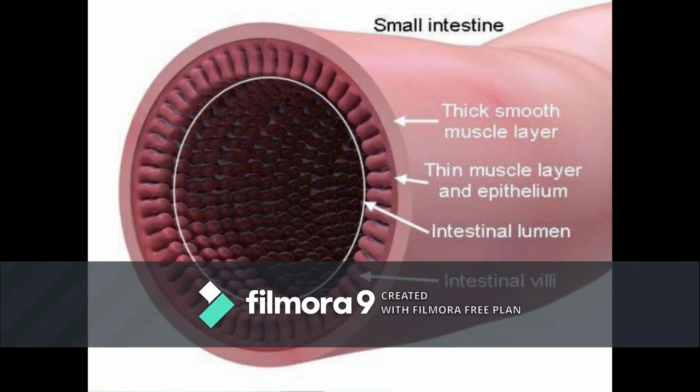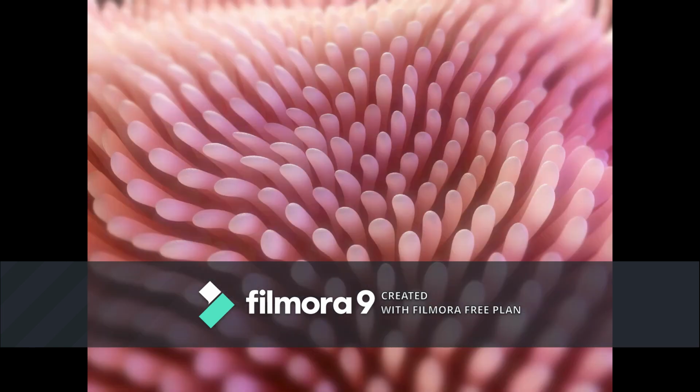Once the food is digested, it needs to be absorbed by the body. The inner wall of the small intestine has a number of finger-like outgrowths called villi. The villi increase the surface area for absorption of the digested food. The villi have a network of very fine blood vessels called capillaries.